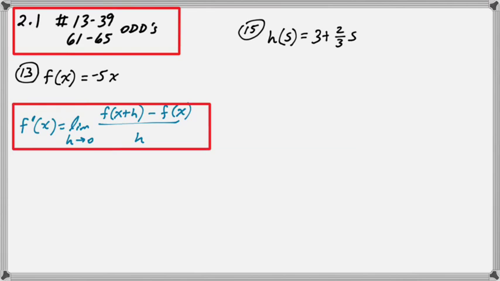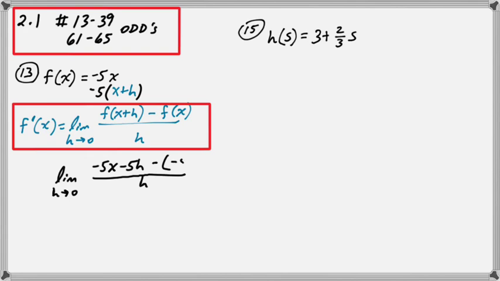If I replace every x with x plus h, what would f of x plus h be? -5x minus 5h. Always use parentheses when you subtract. I want to subtract the original f of x, which is -5x.